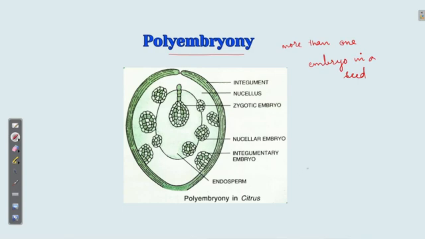In certain cases, the nucellar embryo would be active. It can grow into a new individual, and in those cases, nucellar embryos are highly significant in horticulture and plant breeding because they are free from diseases.